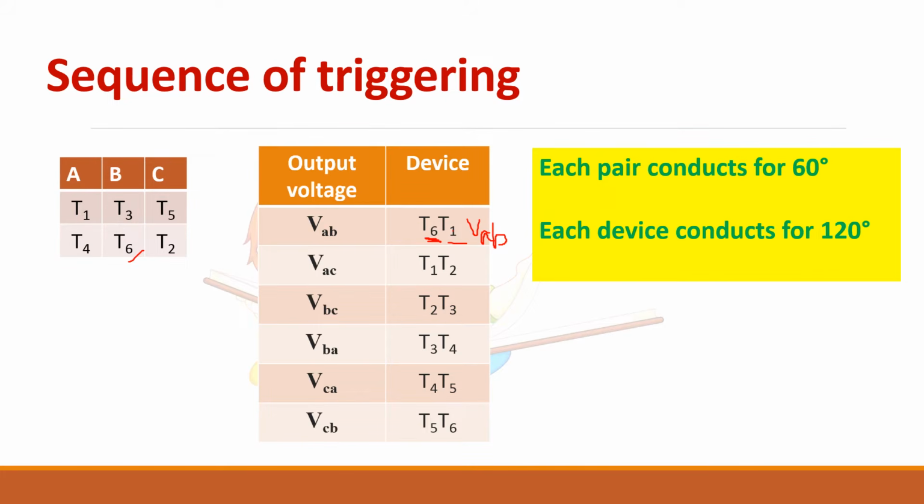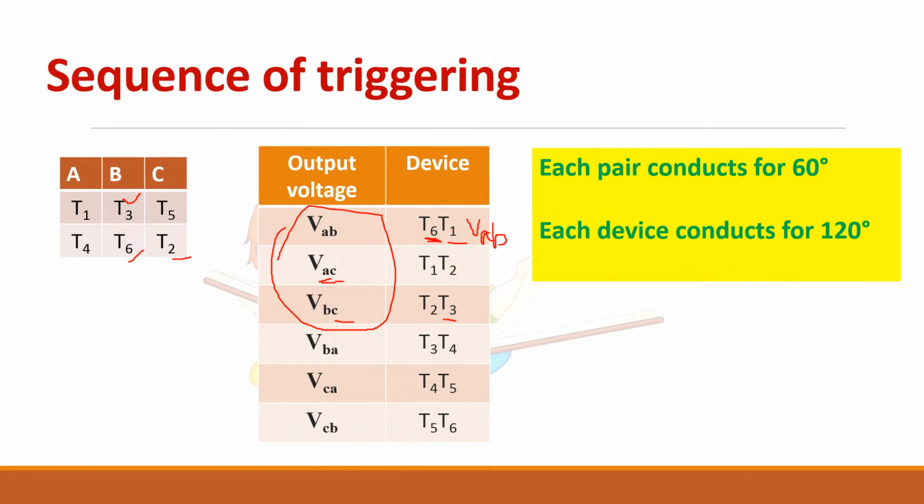So output is VAB. Now when T1 and T2 conduct, T1 is in A phase, T2 is in C phase. So output will be VAC. When T2 and T3 conduct, T2 is in C phase and T3 is in B phase. So BC is output.